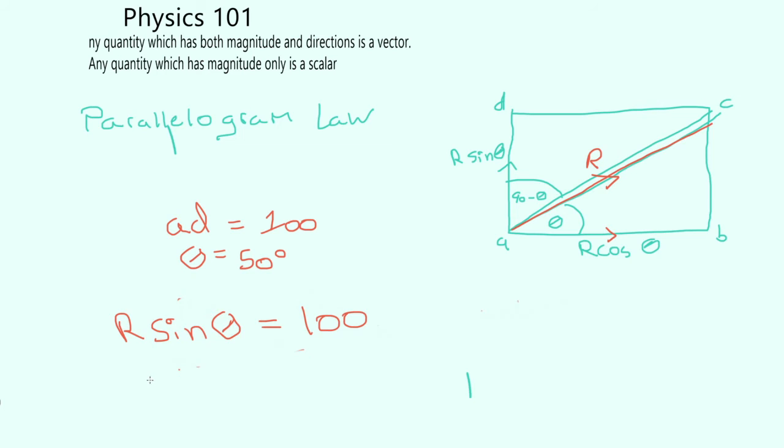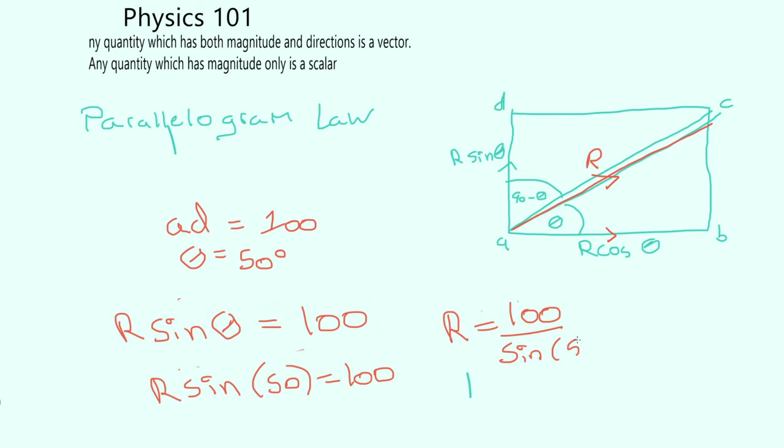Now if we wanted to calculate the resultant from this, we could do R sine 50 equal to 100. So R would be equal to 100 over sine of 50.